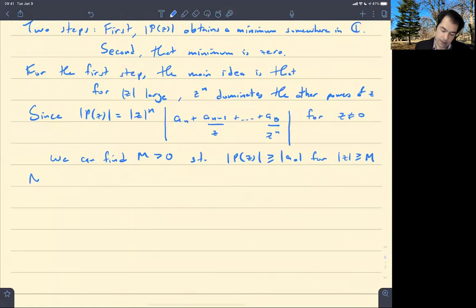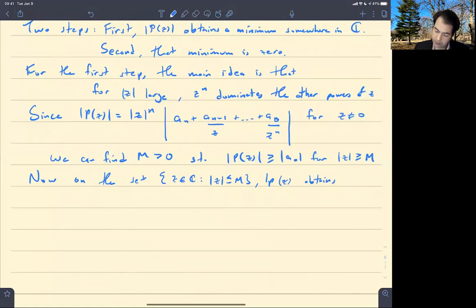Okay, now here's where we're using the analytic fact. On the set of complex numbers z such that mod z is less than or equal to M, the polynomial p of z obtains its modulus, obtains a minimum value.